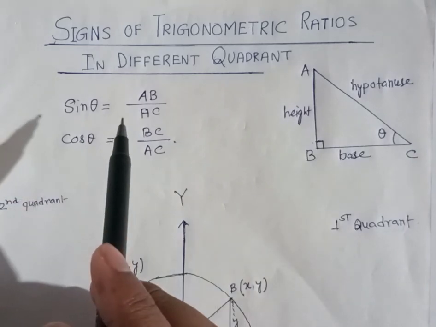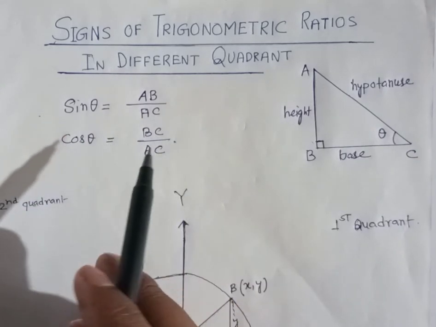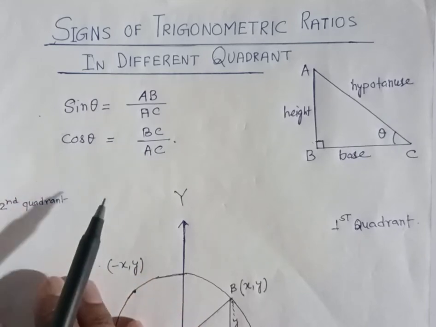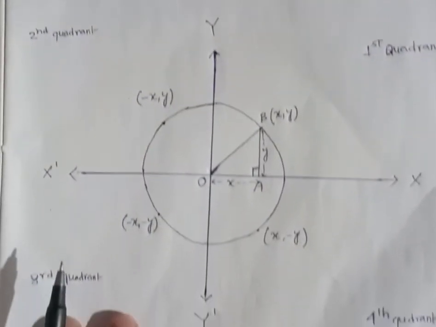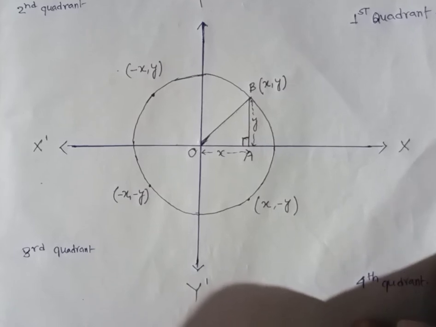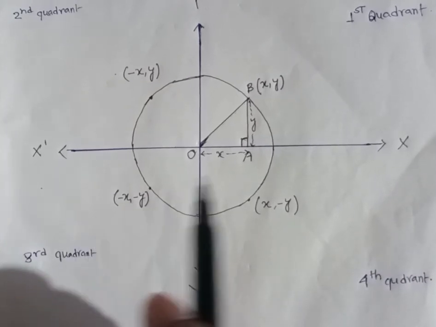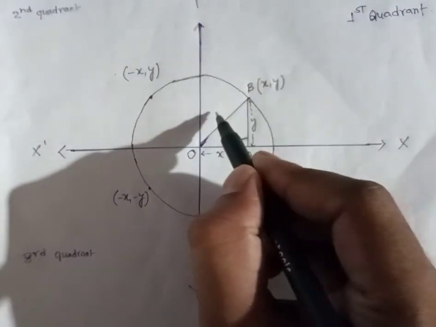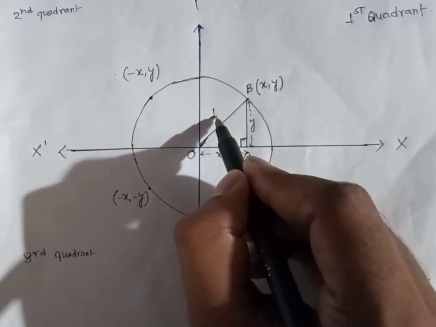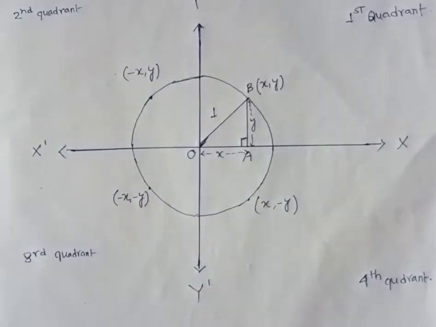Now we will discuss the sign in different quadrants. So let us start. Let us take one unit circle. Unit circle means a circle with radius 1 unit, that is OB is equal to 1.